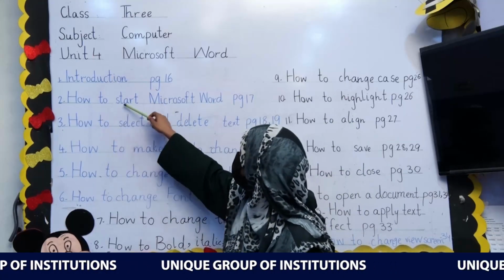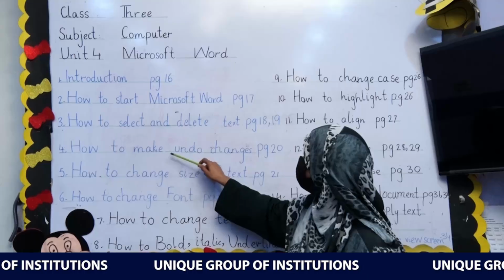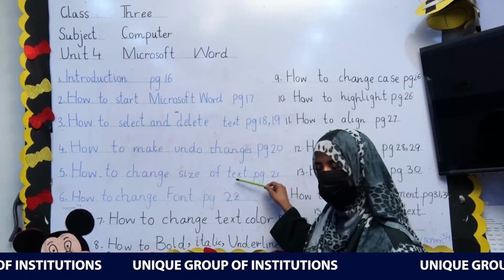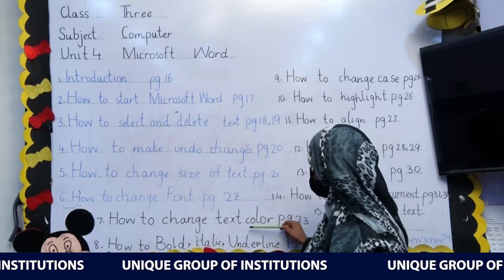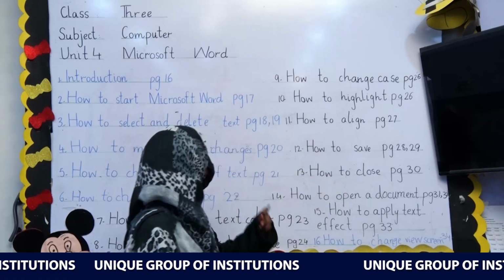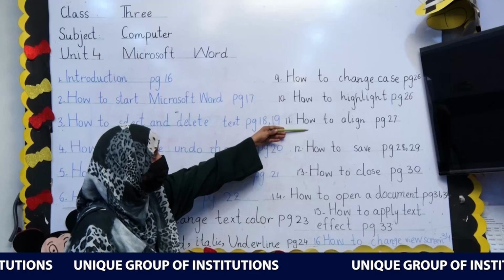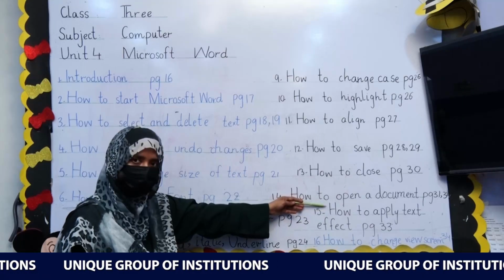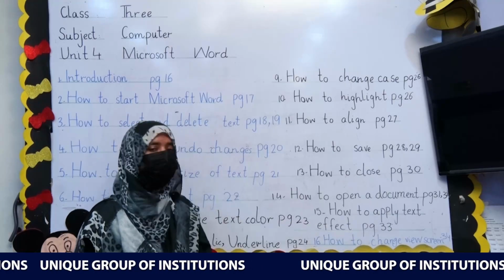Introduction, how to start Microsoft Word, how to select and delete text, how to undo changes, how to change size of text, how to change font, how to change text color, how to bold, italic, underline text, how to change case, how to highlight, how to align, how to save, how to close, how to open a document, how to apply text effect, and the last, how to change view screen.